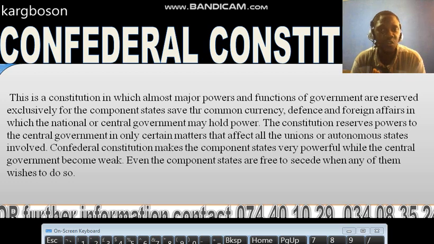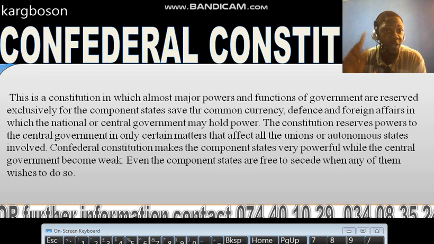The constitution reserves powers to the central government only in certain matters that affect all the union or autonomous states involved. A Confederal Constitution makes the component states very powerful while the central government becomes weak. Even the component states are free to secede when any of them wishes to do so.